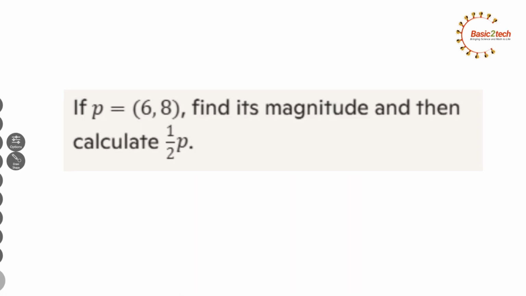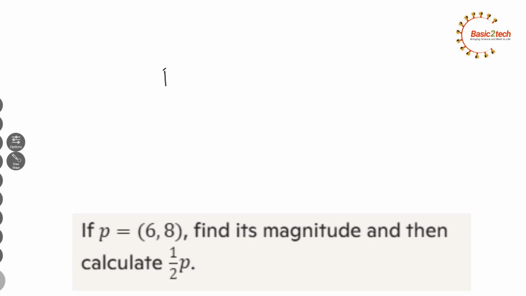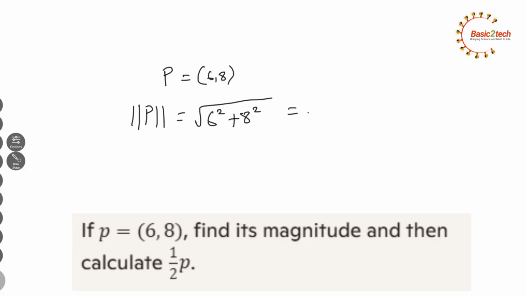Question number 3. We are asked to find, if P is 6 and 8, the magnitude and then calculate half P. So the magnitude of P is equal to the square root of each term squared: 6 squared plus 8 squared. 6 squared is 6 times 6, which is 36, plus 8 squared is 8 times 8, which is 64.